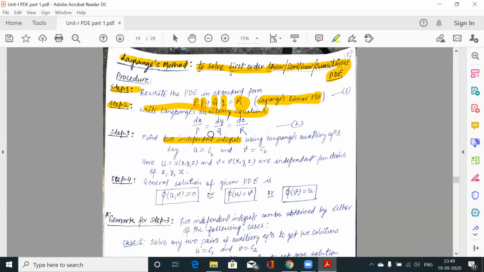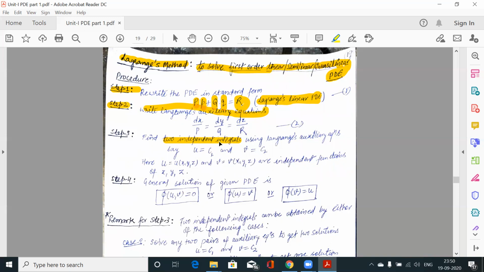But this integration would not be easy, I tell you. If P contains the x term only, then dx over P can be integrated. If dy over Q, if this Q includes only y terms, then also it is easy to integrate. And of course the dz over R, again the R may be of anything, means in terms of x, y, z, but if it includes only z terms, then the integration is easy.